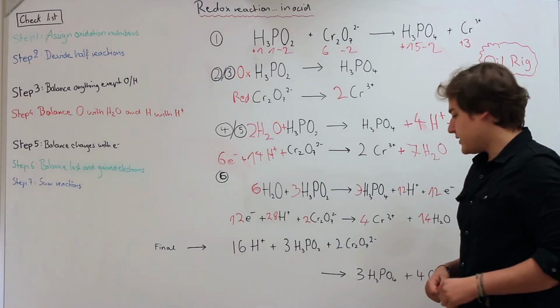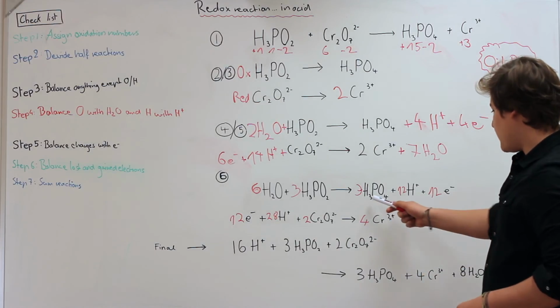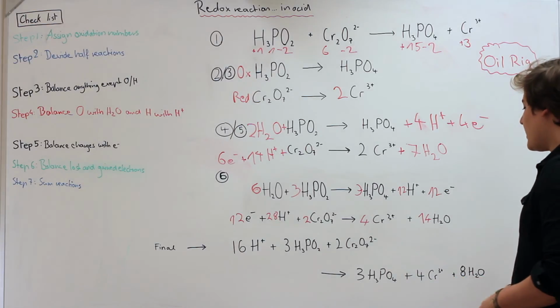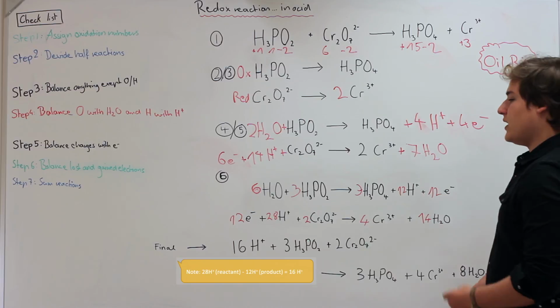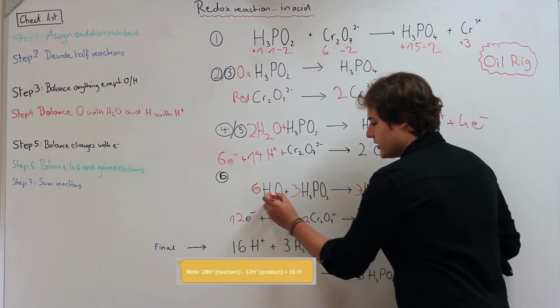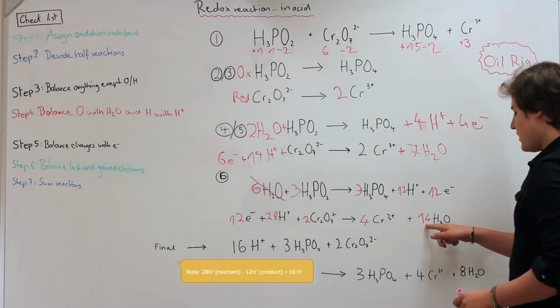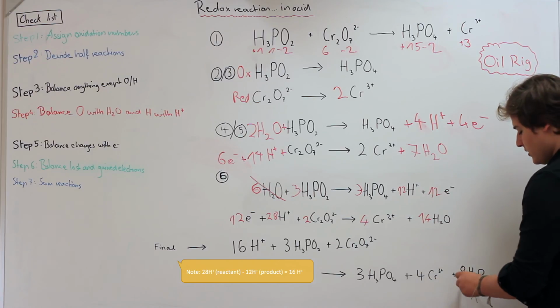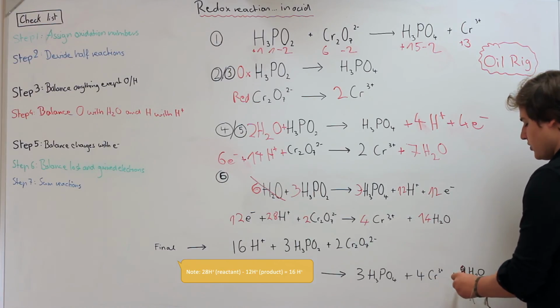For the product side, I put this here, I put this here, and now we have the water. So we're left with the water. And you can cancel out this water here and subtract 8 from 14 and you're left with your 8 water molecules here.